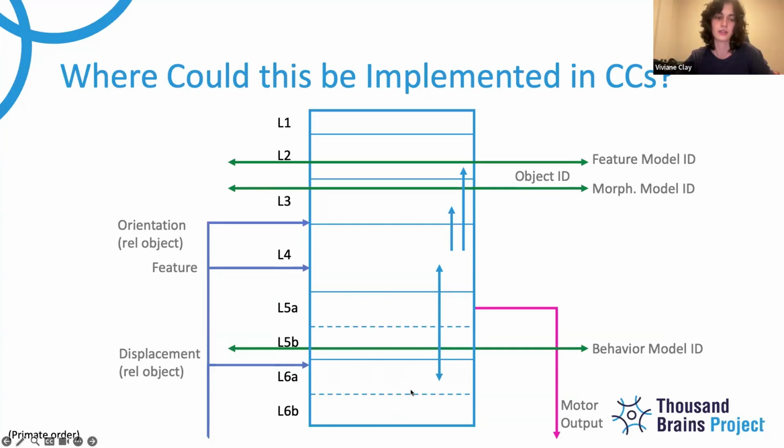Couldn't we have the location space in layer 6, and then layer 5B is the general behavior model that can be applied to any location space of any object and just tells it how? Right, but remember, the learning modules have to vote, and we've always talked about the learning modules voting in layer 2 and layer 3. This would be different. This would be saying they're voting on what base object we're talking about.